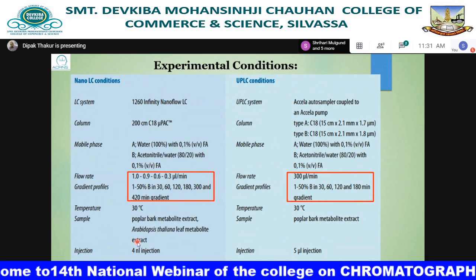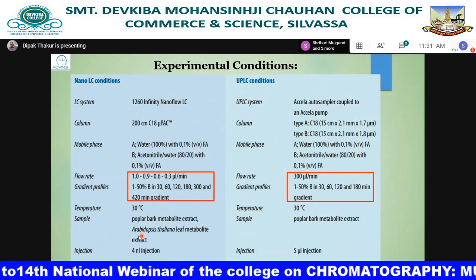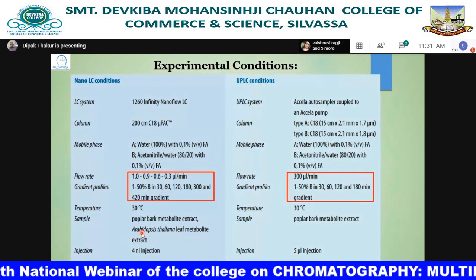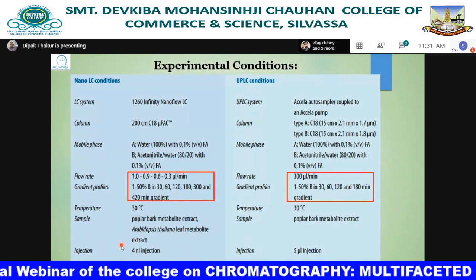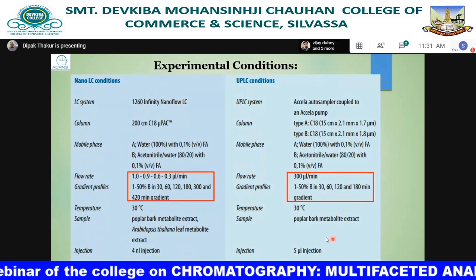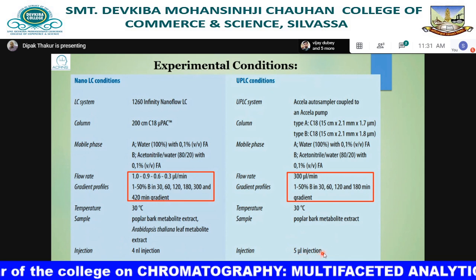Think about it. What is the injection volume? 4 nanoliters. So if you have really limited samples, you can really work on it. And the injection volume here is 5 microliters.